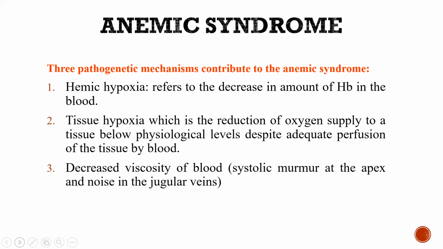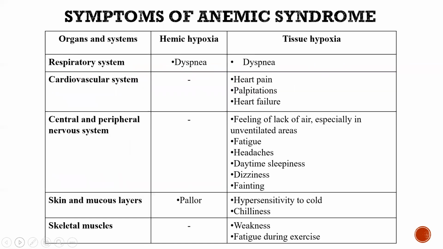Three pathogenetic mechanisms contribute to the anemic syndrome. The first one, hemic hypoxia, refers to the decreasing amount of hemoglobin in the blood. Tissue hypoxia is the reduction of oxygen supply to a tissue below physiological levels despite adequate perfusion of the tissue by blood, and decreased viscosity of the blood with appearance of systolic murmurs or noise in the jugular vein.